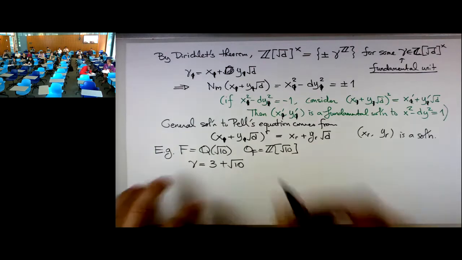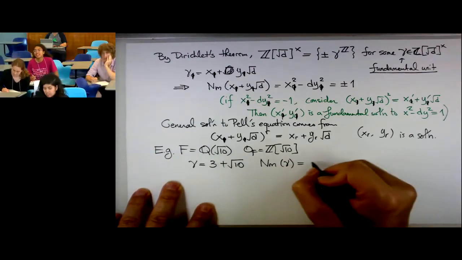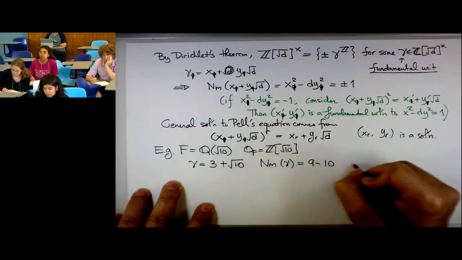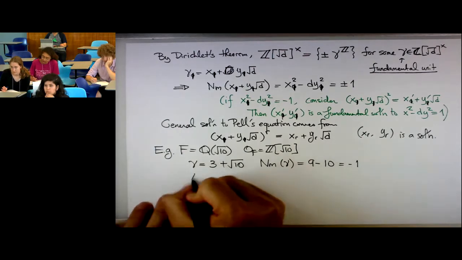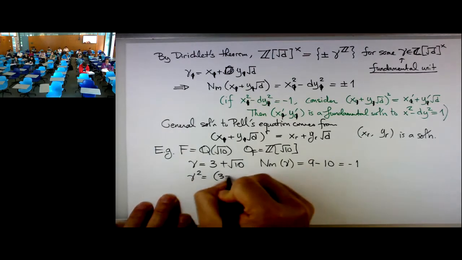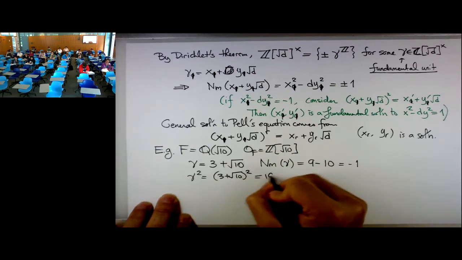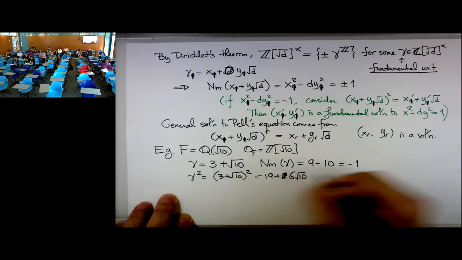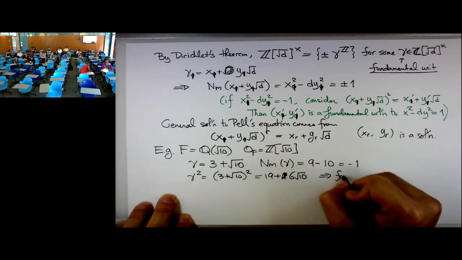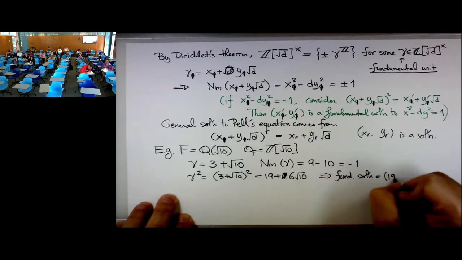That's my spirit. You can take the norm of gamma: this is 9 minus 10, negative 1. So it's a bit annoying; you have to take the square of this to get 19 plus 6 root 10. So the fundamental solution is 19 and 6.